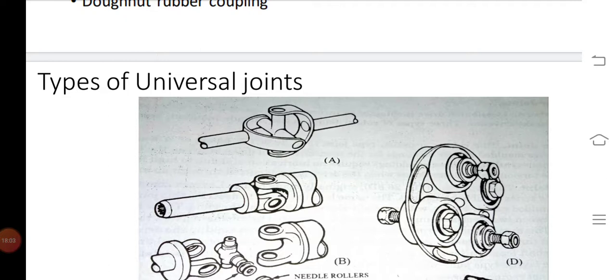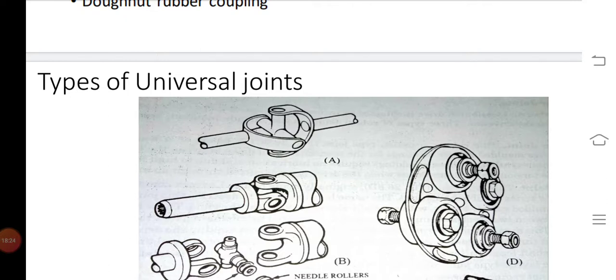These joints are designed to absorb torque and speed fluctuations and to operate reliably with very little noise and also a good life. So these are the criteria of the universal joint.